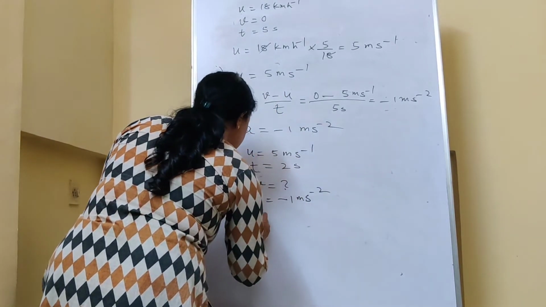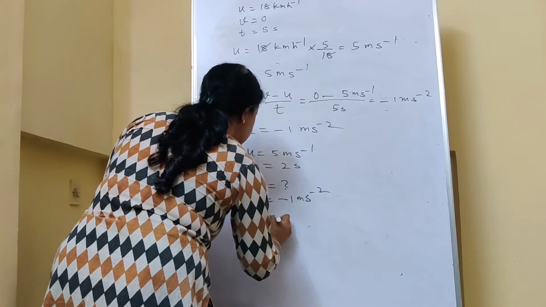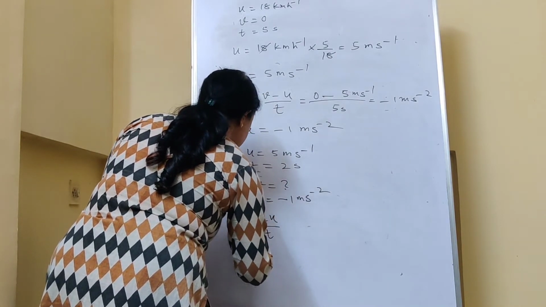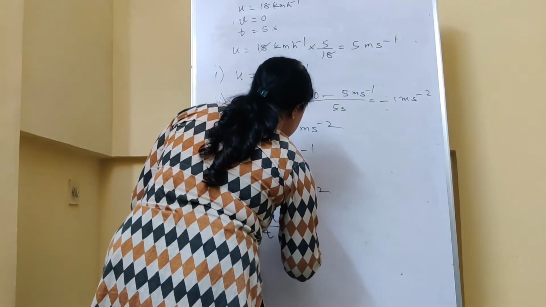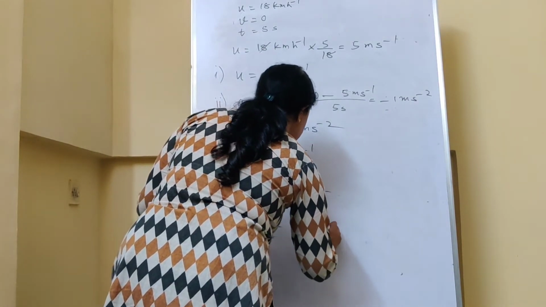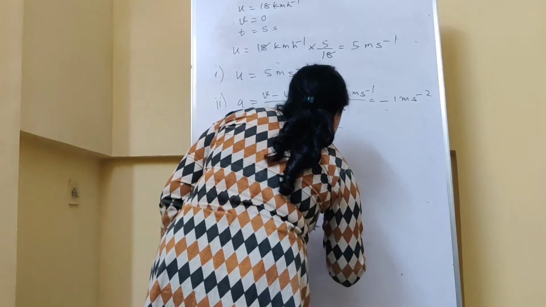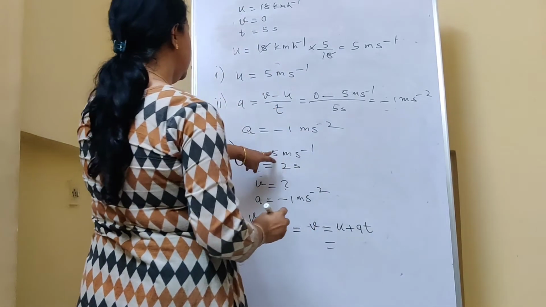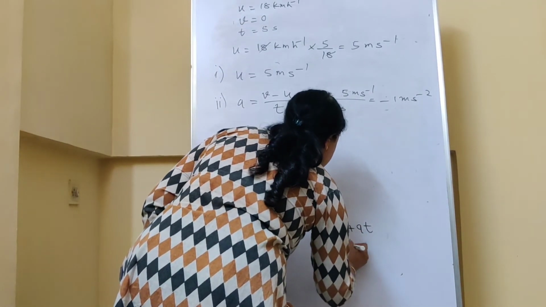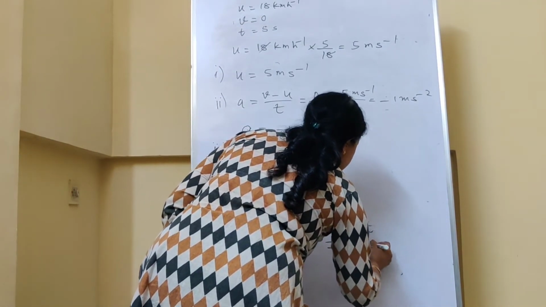So we will go by the same formula, children. A is equal to V minus U by T. From this formula you can find the formula for V. So V will be equal to U plus A into T. What is your U? U is 5 meters per second. What is your A?